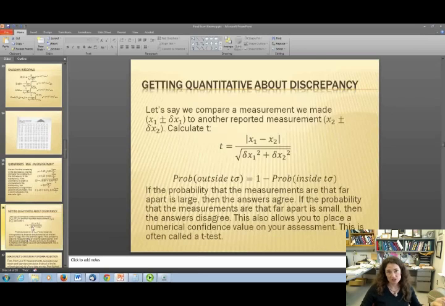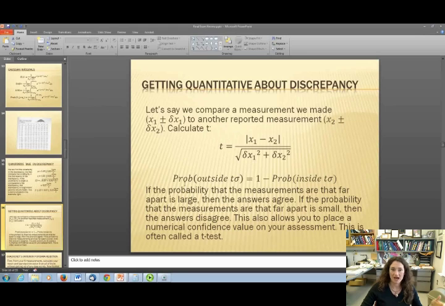If you're trying to calculate your t-value for discrepancy, then you calculate your discrepancy first, x1 minus x2, and then you divide by the square root of the sum of the squares of your uncertainties for x1 and x2, and that'll give you the t-value for that discrepancy. Then you find the probability of how likely it is to be that far apart.